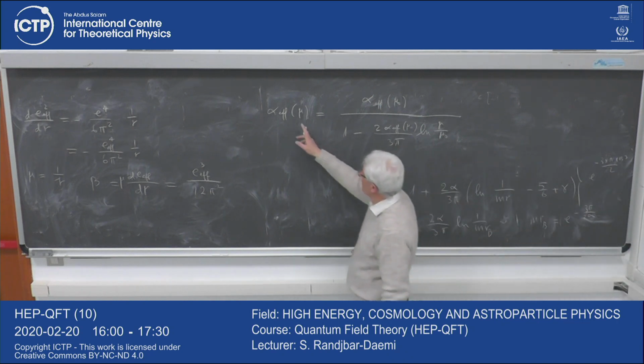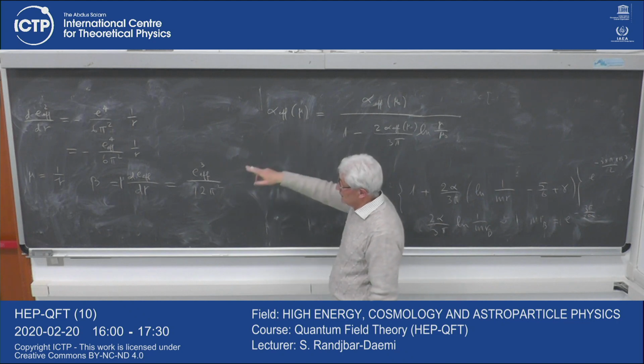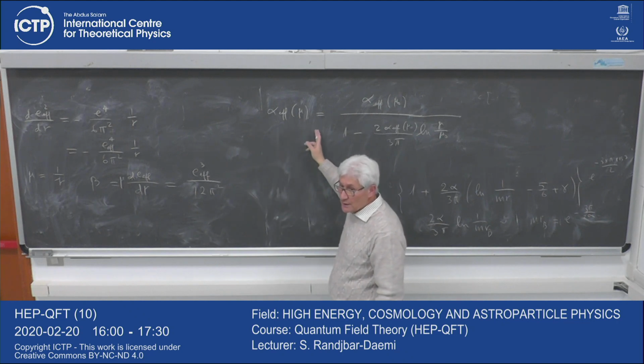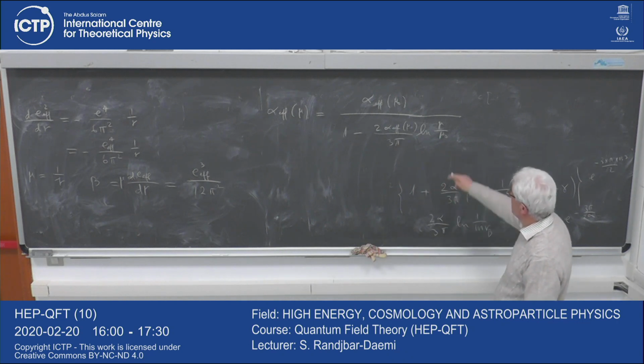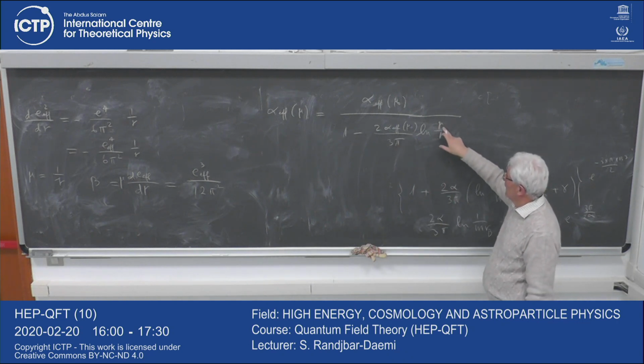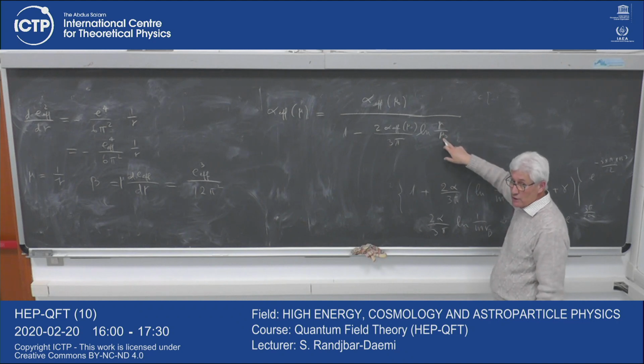The coupling constant runs with energy or with distance. Okay? And you see that as you increase the energy, as mu becomes bigger than this reference mass mu 0, for example, you can take mu 0 to be just the electron mass.